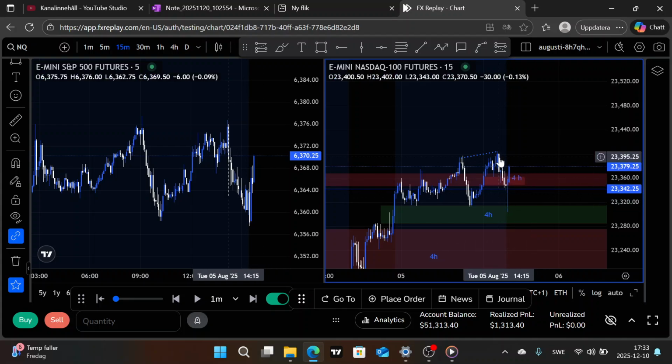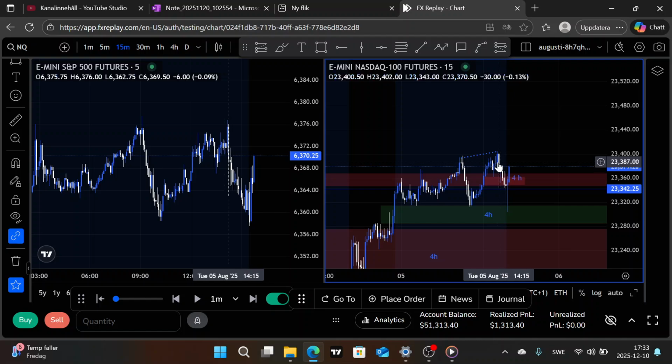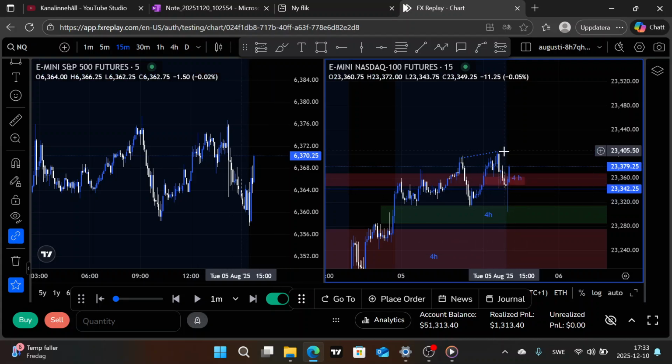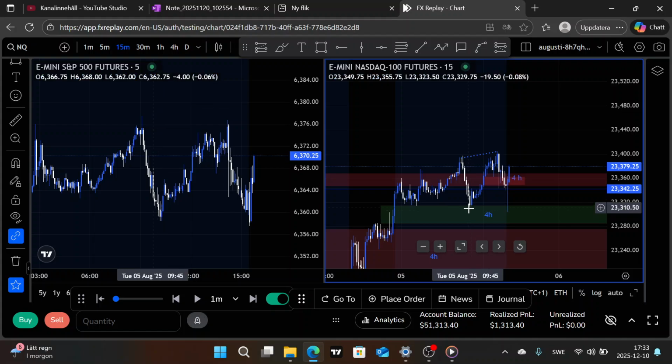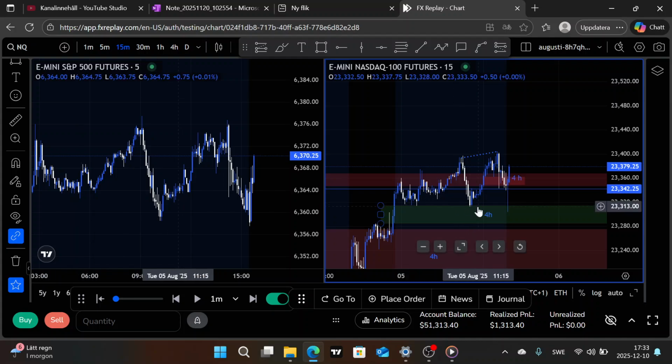So if I feel this change in state, and if I have already ran through this 4-hour fair value gap, as you can see here, so if I feel the change in state right here, then I will go long, because we have already swept this internal liquidity.